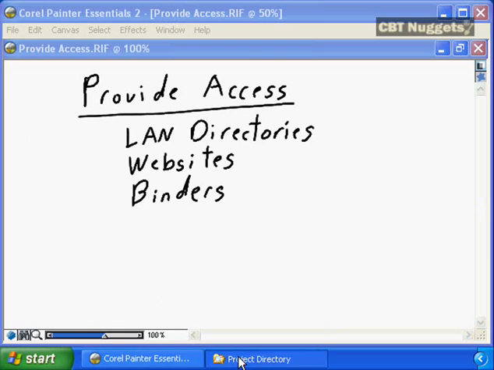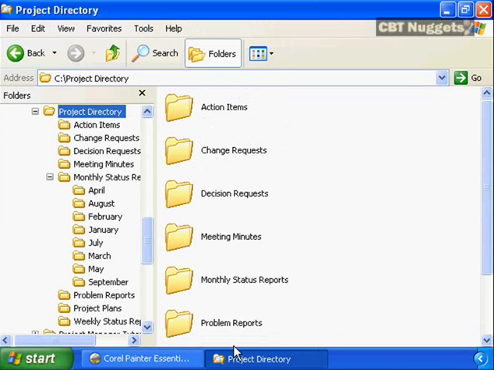One very effective way I found of doing that is simply to create a project directory on a LAN somewhere. Go out and create a shared folder on a LAN and start to build folders underneath that for all of the appropriate pieces of communications history that need to be preserved, for action items, for change requests, for decision reports, and so on. You need to be able to store the monthly status reports for each month that your project has been actively delivering.